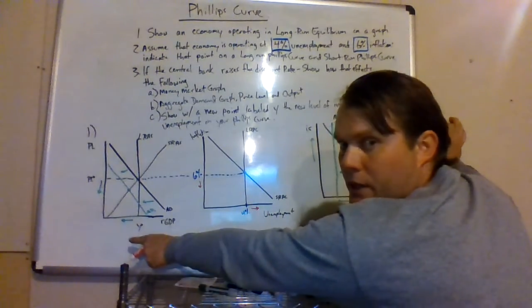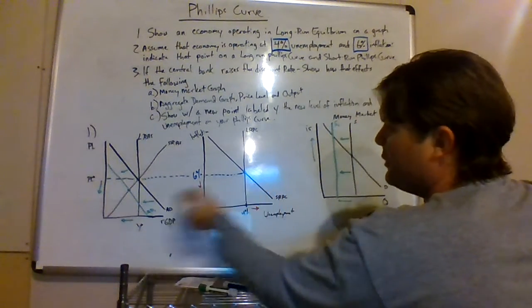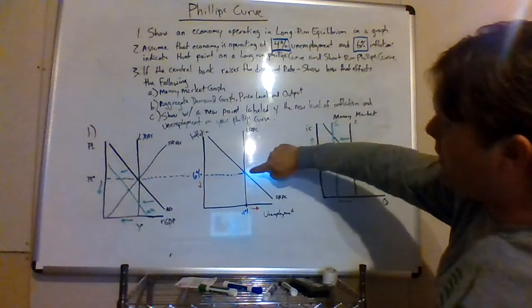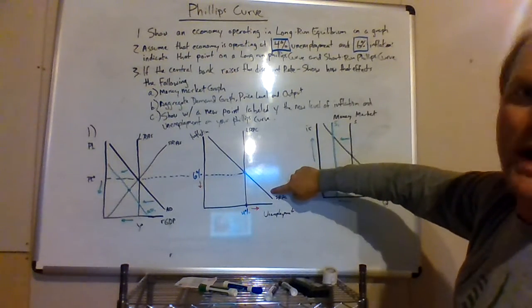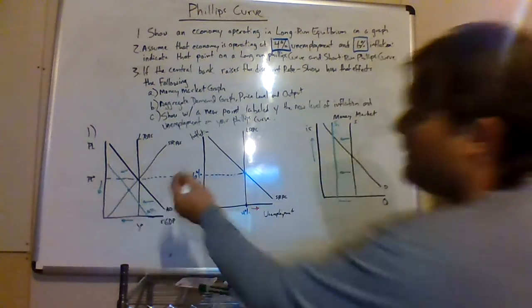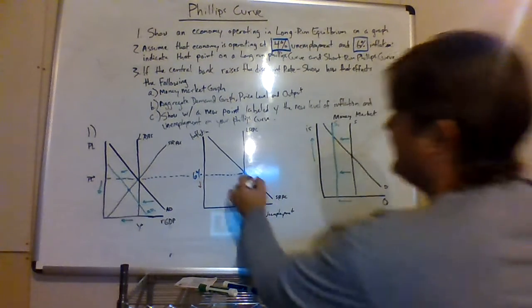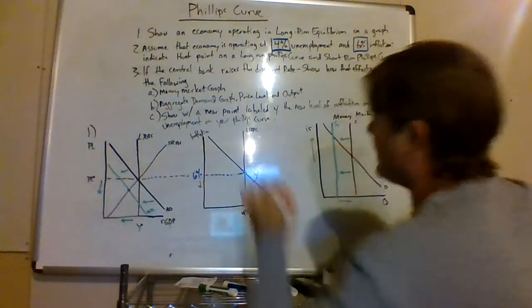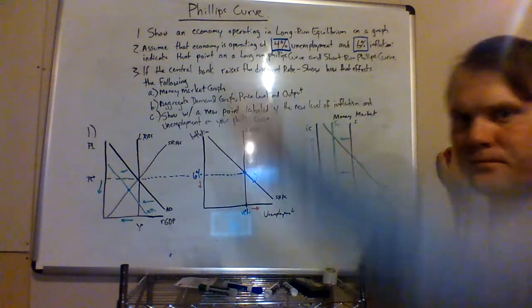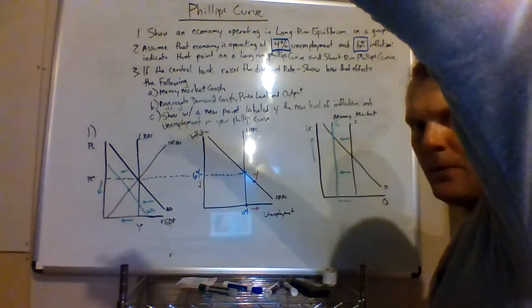Because our output went down. So our new point on our new graph is going to be anywhere down below this spot will work. Okay, we'll match it up kind of right there. And it says label it Y. I'm going to label that Y so they know that I'm showing them what I want to show them.